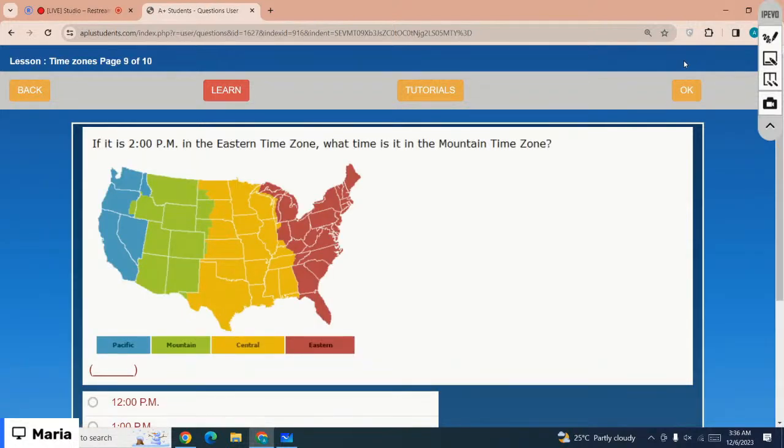Okay, if it is 2 p.m. in the eastern time zone, what time is it in the mountain time zone? Which is the correct option?